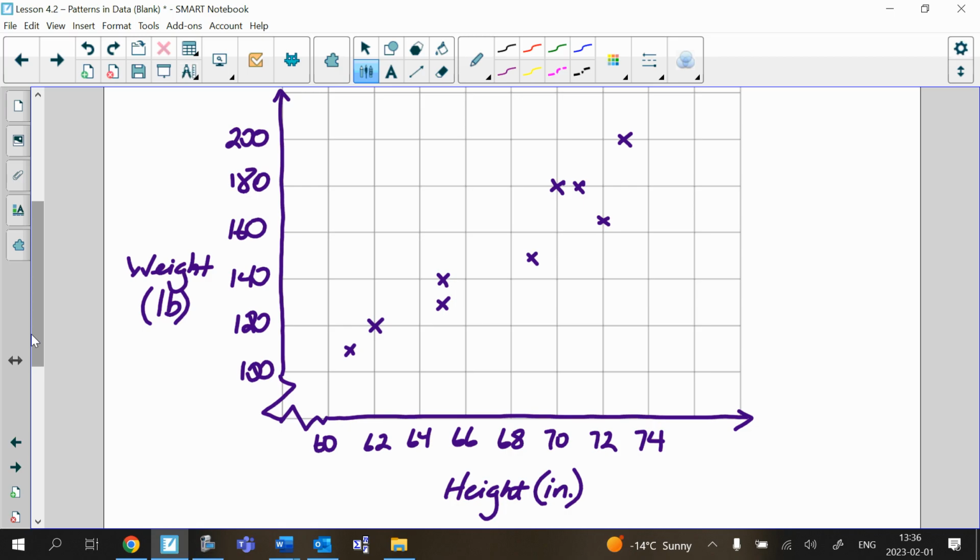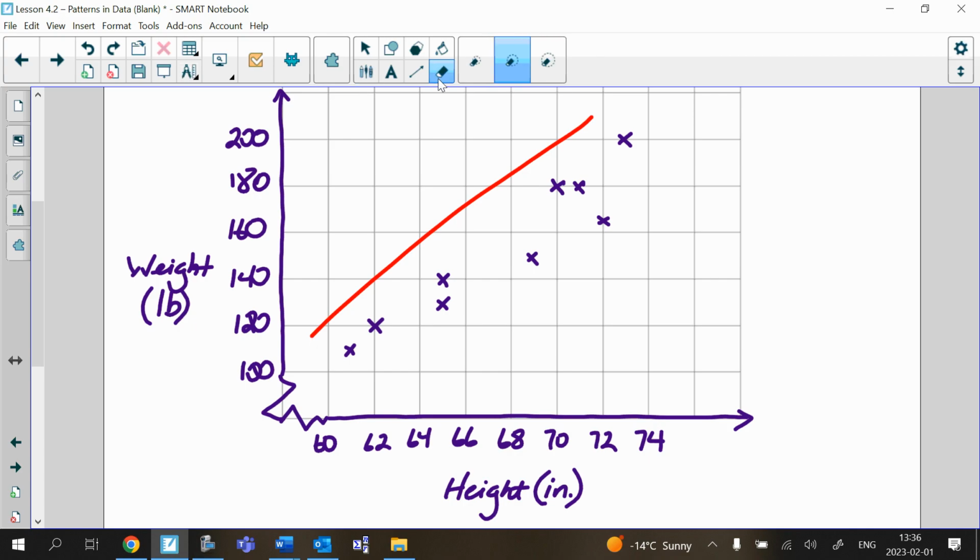So would it make sense to draw a line there? No, because everything's above. Wouldn't make sense to draw a line here because everything's below. We want it to sort of cut through most of the data.